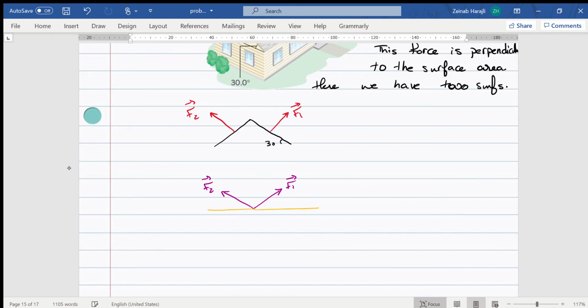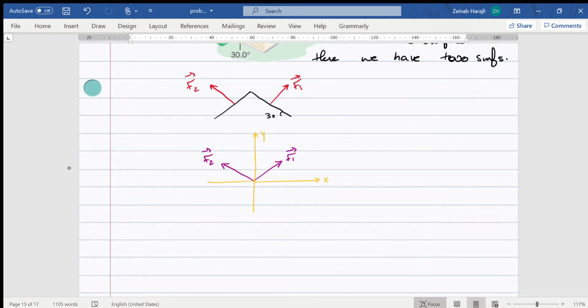So by drawing x and y axes, I will draw the following axes, and then we can find the x and y components of each force. For F1, for example, the x component will be F1 cosine this angle here. Now, how much is this angle? We have drawn an x-axis, and we are looking for the angle that F1 makes with this x-axis, and we know that the roof is making an angle with the horizontal equal to 30.